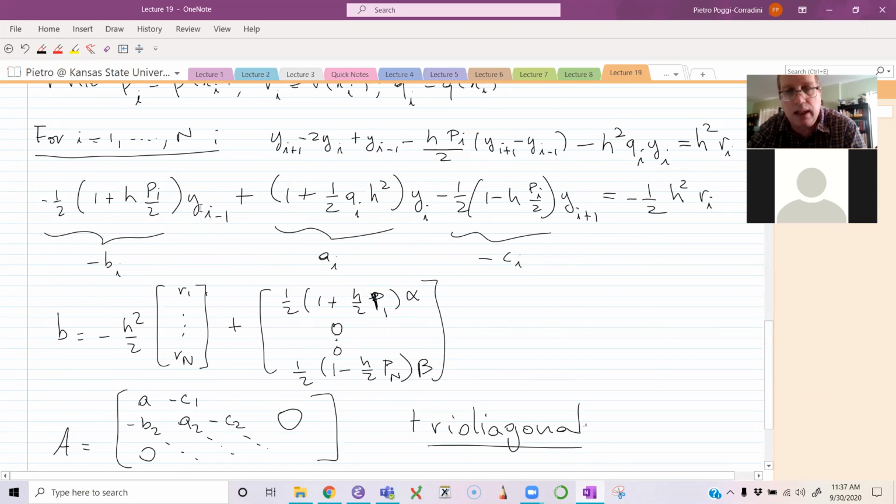That's already part of the problem. Also when i is n, then i plus 1 is going to be equal to beta. So these become constant coefficients that go to the other side.